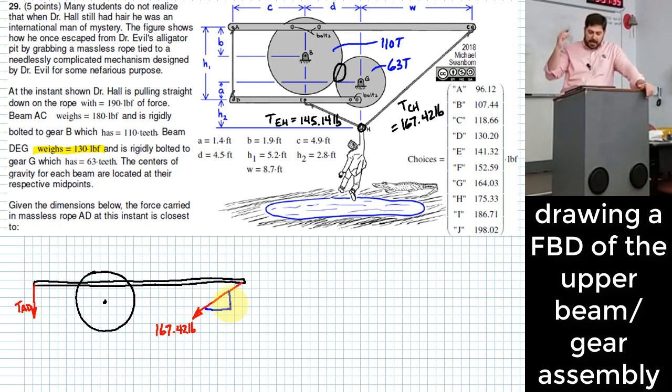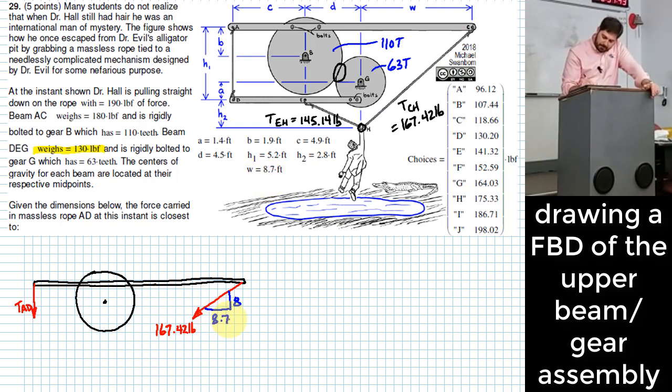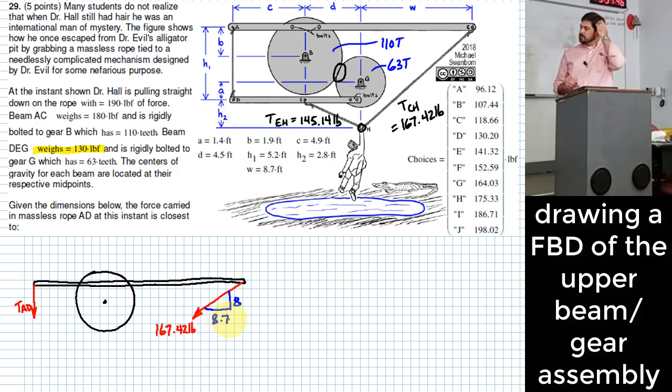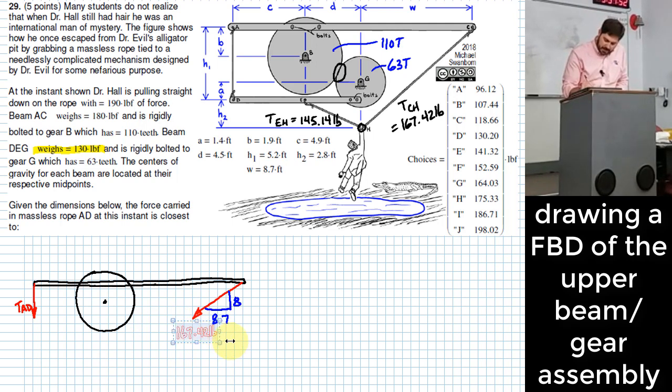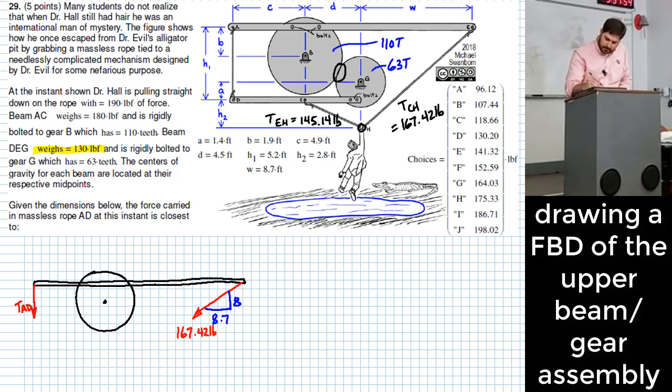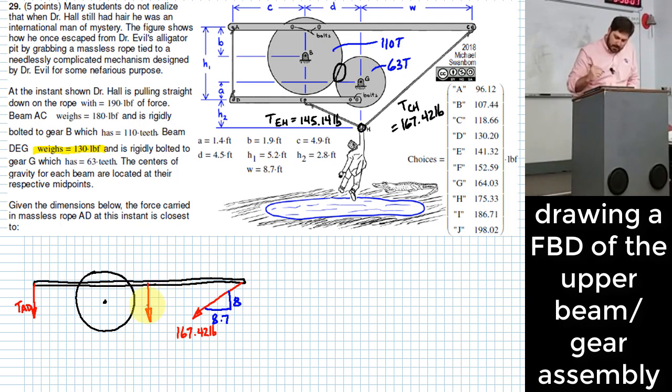We said that the rise of it was going to be 8 feet, and the run, W, was 8.7 feet. Then what? The weight of the beam. Now the weight of the beam happens right in the middle of the beam, and the weight of the beam was 180 pounds.